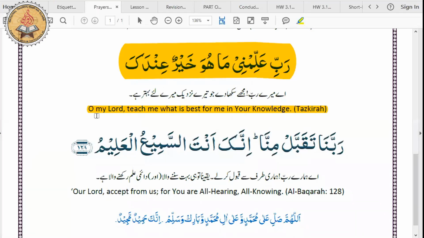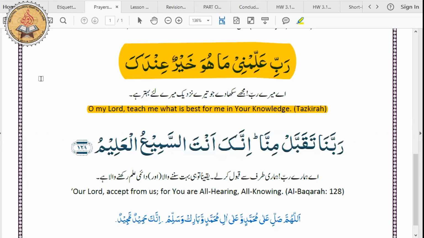Can you read the translation underneath, please? Oh my Lord, teach me what is best for me in your knowledge. And this dua is taken from? Tazkirah is a book which contains all the revelation of the promised Messiah.